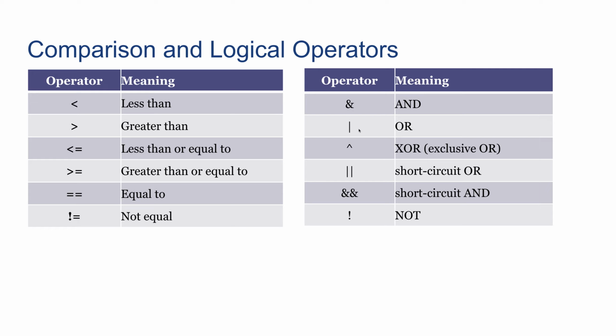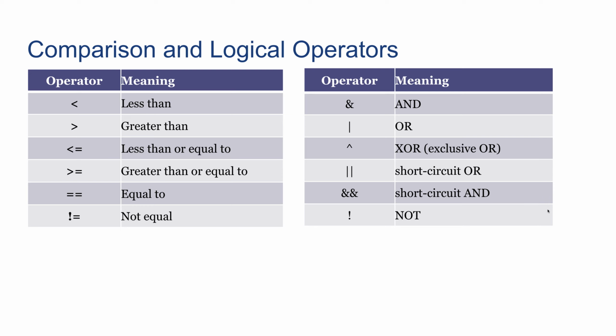XOR is exclusive OR, and this is the short circuit for OR, and this is the short circuit for AND. We'll see those examples and what that means later on. An exclamation mark is for NOT.